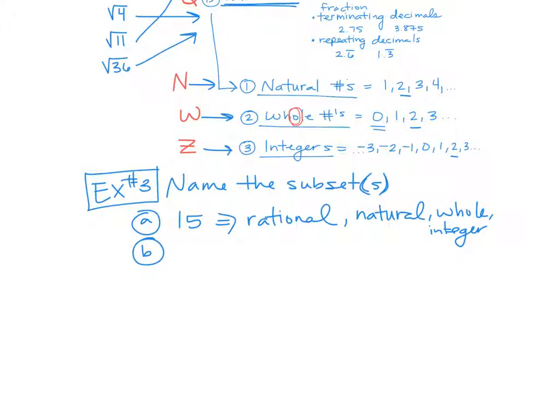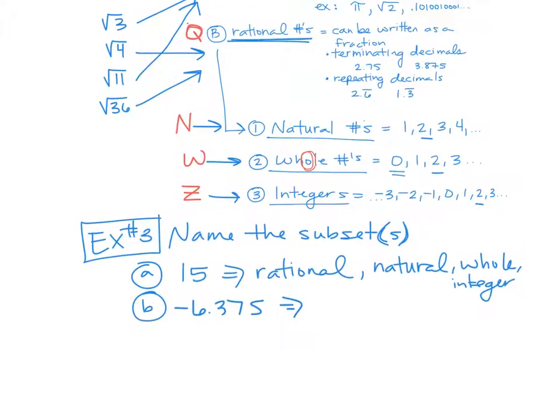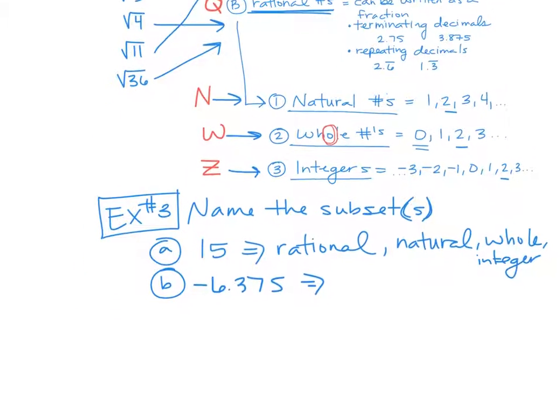Okay, this one. What would negative 6.375 be? First of all, rational or irrational? Look at your definitions for rational and irrational. It's a terminating decimal, right?